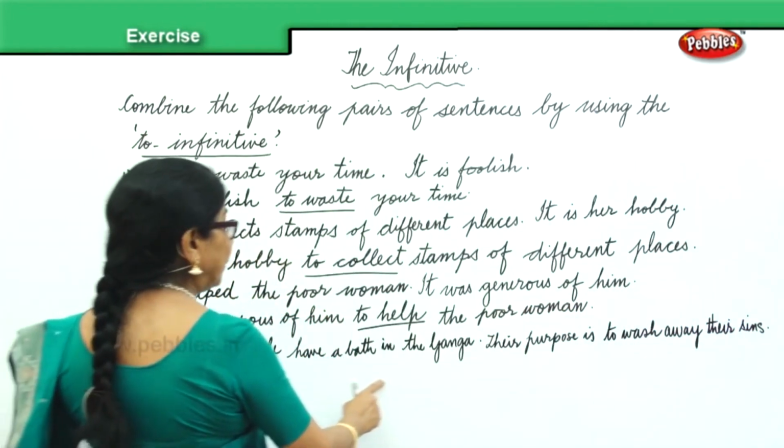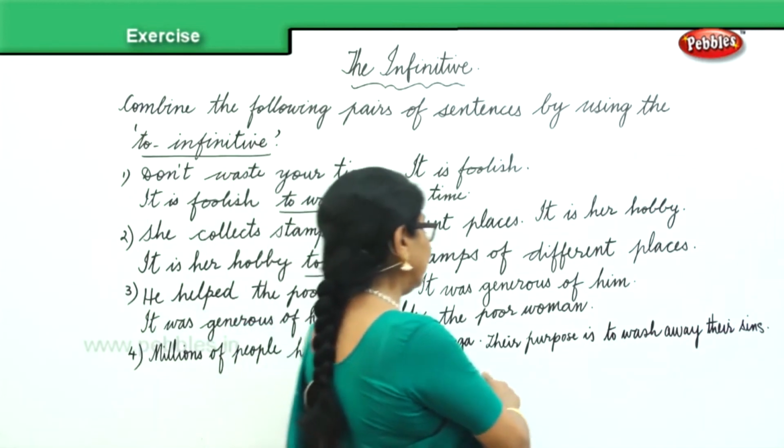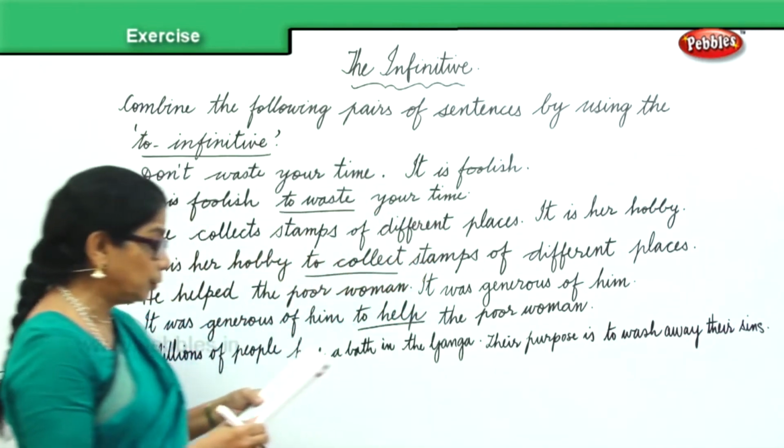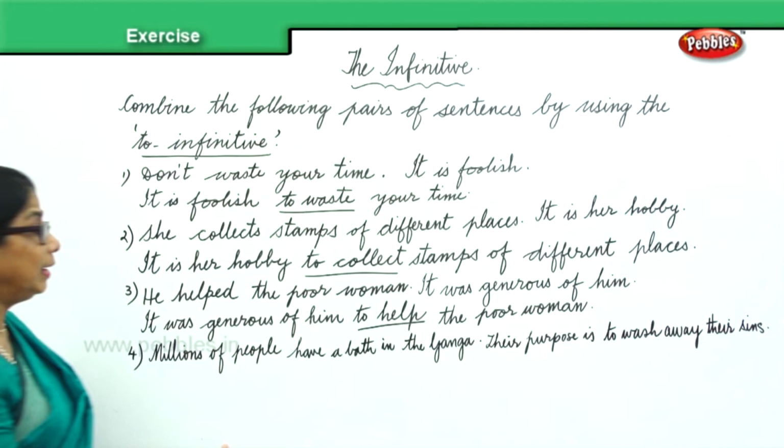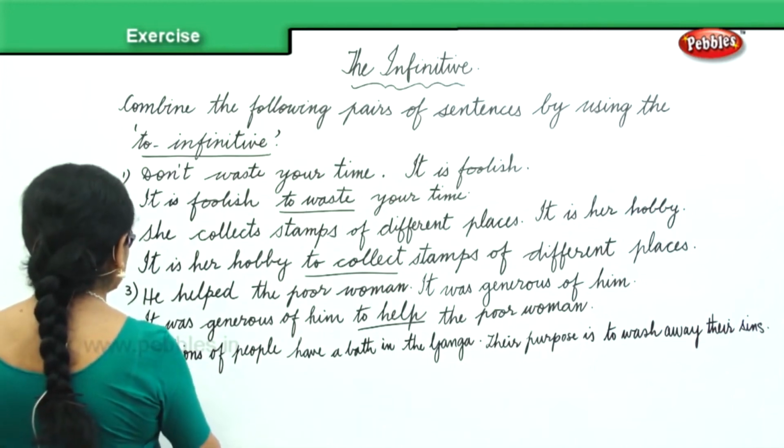Millions of people have a bath in the Ganga. Their purpose is to wash away their sins. So you can say millions of people bathe in Ganga to wash away their sins. That can be the answer.